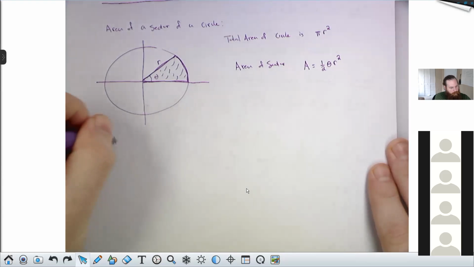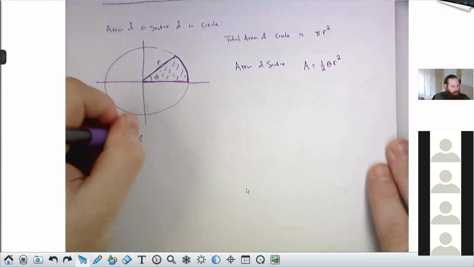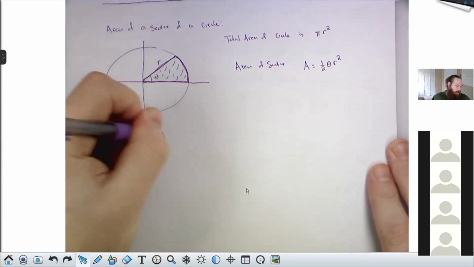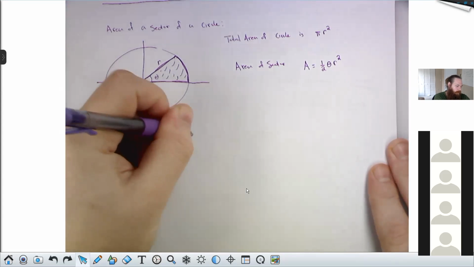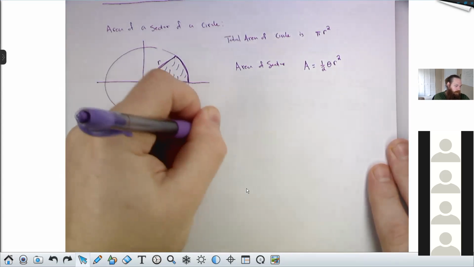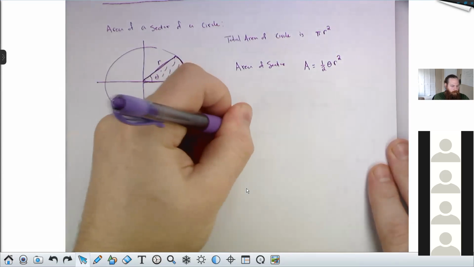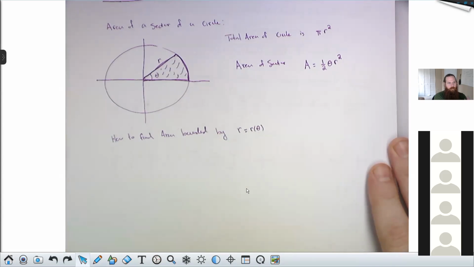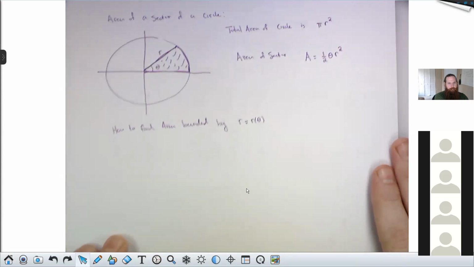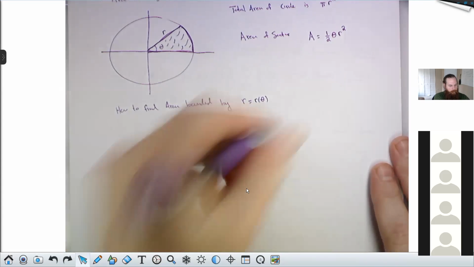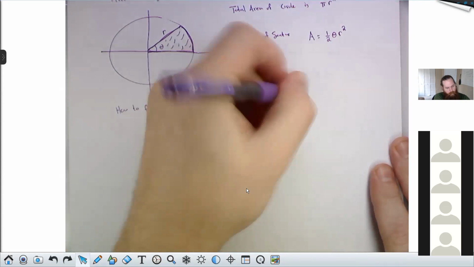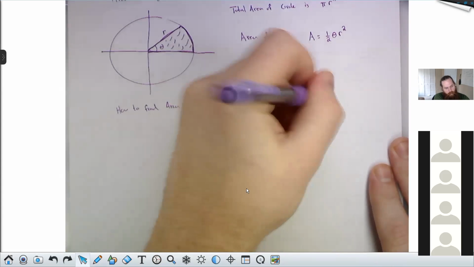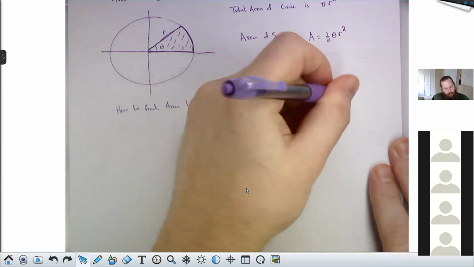So how to find the area bounded by r equals, I'll use r of theta for my function here, that's the more sensible notation, from theta equals a to theta equals b.